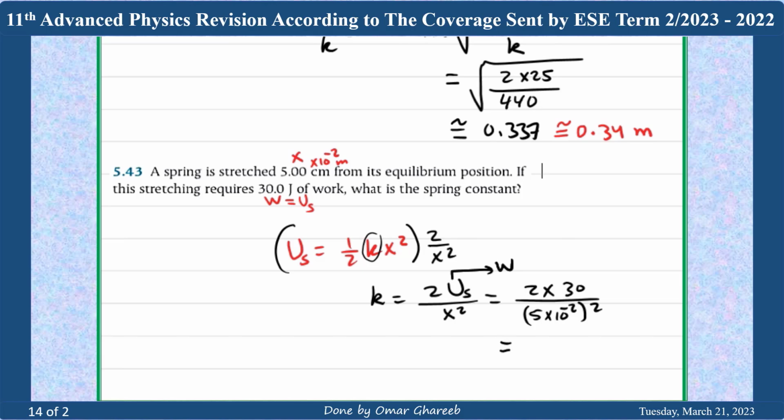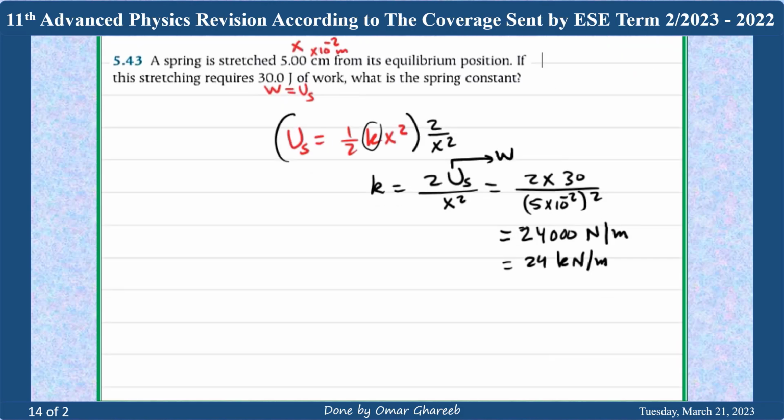So the answer should be 24,000, and the unit is Newton per meter. Or you can write it 24 kilonewton per meter. Very hard spring. Lucky him, or lucky it.